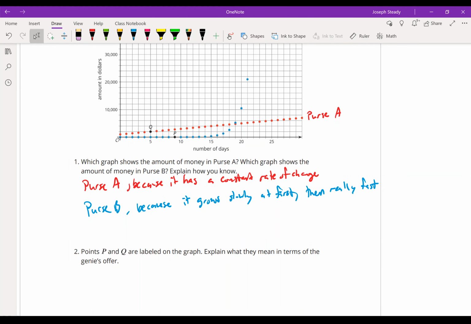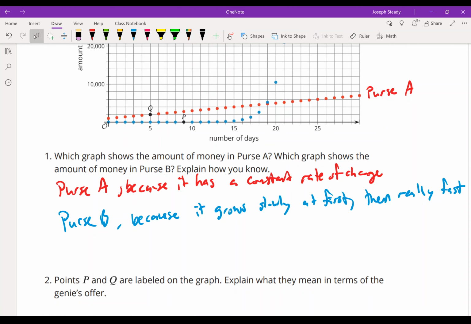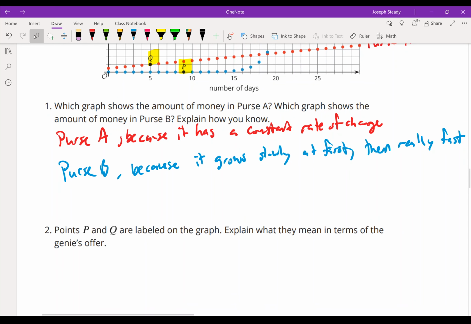The second part here asks us to look at these 2 points, P and Q, and identify what they mean. So point P, which we notice is on the blue graph, looks like it is on day 9. And how much money is that?